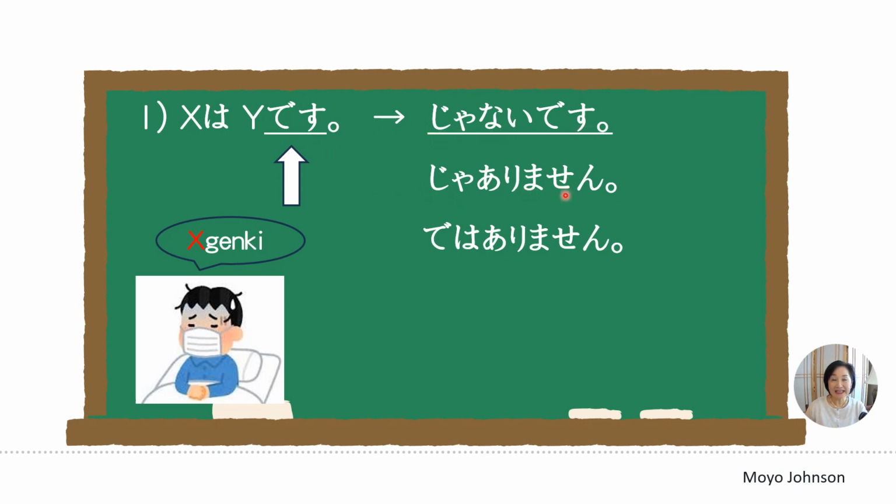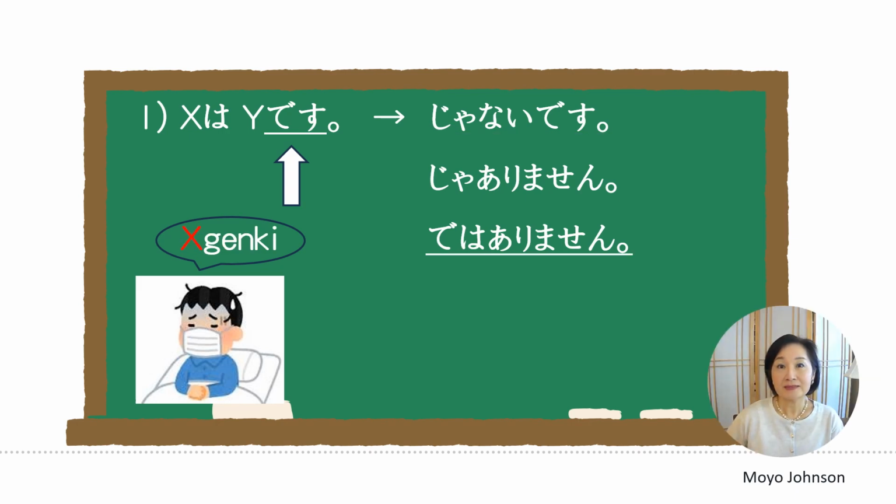or じゃありません or ではありません. They're all the same thing, but these two are more polite than じゃないです. As a general rule, the longer the sentence, the more polite. So, among these three sentences, this last one is the most polite form of negative statement.